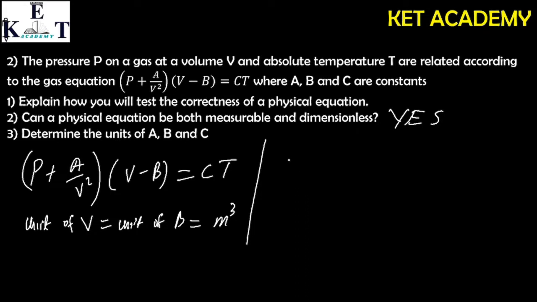So expanding that, we get PV − PB + A/V − AB/V² equals CT.